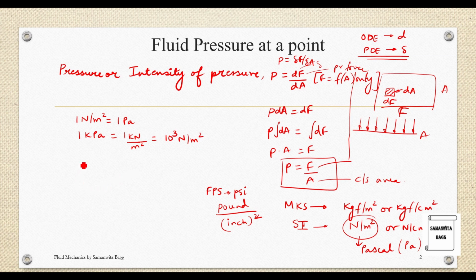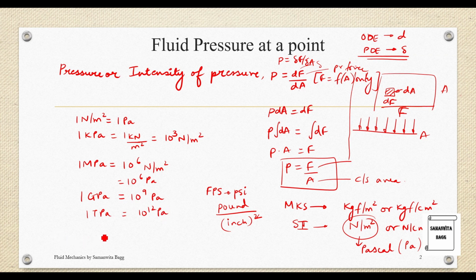Then if I talk about 1 megapascal, this will be 10 raised to 6 Newton per meter square, or this is nothing but 10 raised to 6 Pascal, because Newton per meter square is Pascal. Then if I talk about gigapascal, this is another important way, that is 10 raised to 9 Pascal. When I say 1 terapascal, this is 10 raised to 12 pascals.